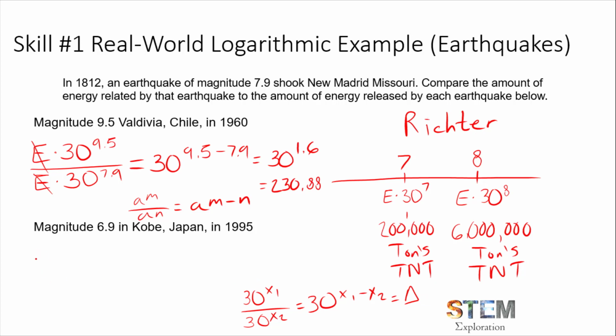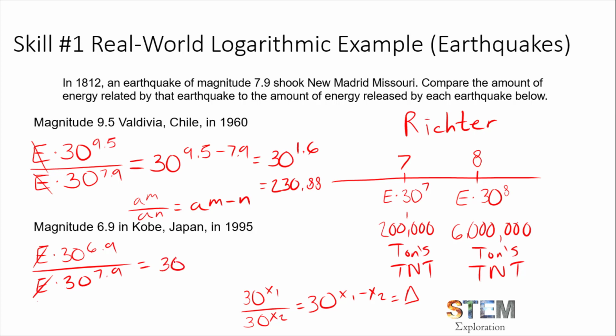So let's do the same thing here, just so you can see a second example. So if we want to look at an earthquake that's a little smaller in intensity, all right, we go E to the 30 to 6.9, and we divide that by the energy times 30 to the 7.9. Okay, and remember the e's would cancel.